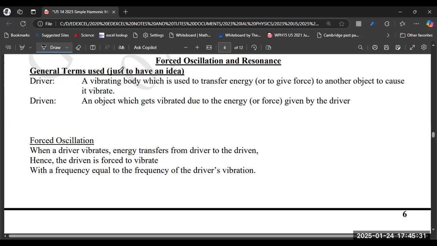In forced oscillations and resonance, first of all, we have to understand that there are two things in this lesson, driver and the driven. For example, when you're playing a guitar, the guitar string vibrates. When the guitar string vibrates, the air particles near the guitar string also will start to vibrate.